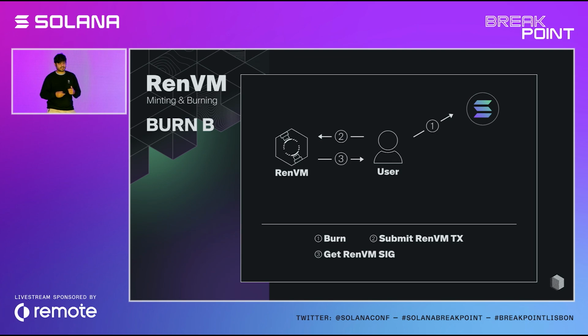RenVM gives you back a signature, giving you authority to release those funds from the Ethereum smart contract. In this case, RenVM cannot release those assets directly to you, unlike Bitcoin, because for Bitcoin you need a UTXO to release, but over here you need gas, and it's the user's operation. So the user can take this signature and make a transaction on Ethereum to get back their locked DAI.